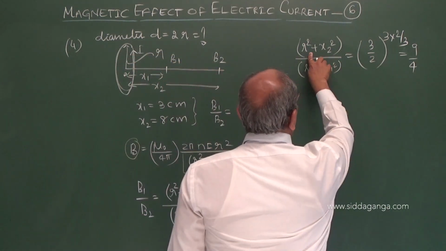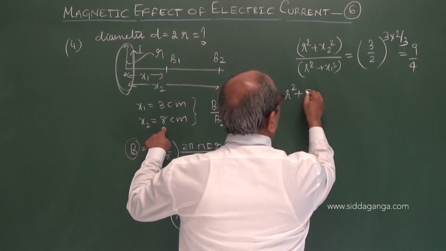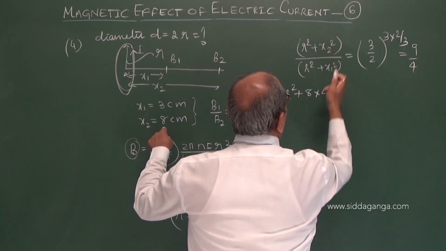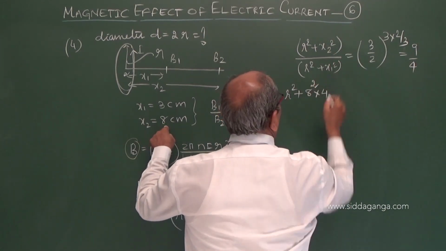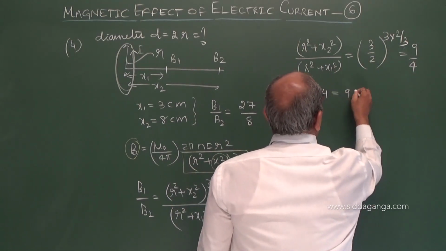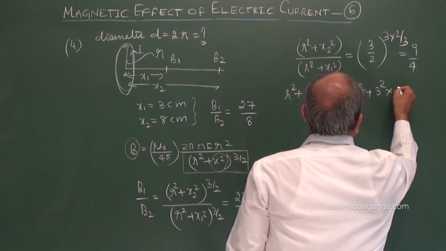Cross multiply: r square plus x2 is 8. They given 8 square into 4 is equal to, cross multiplying, 9 into (r square plus 3 square).